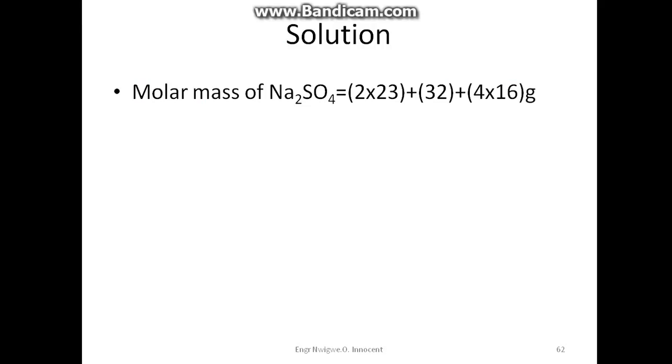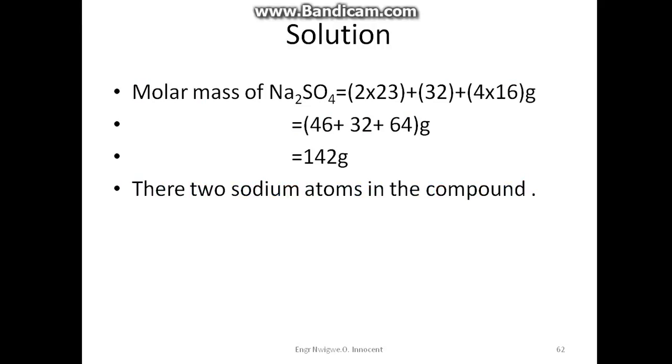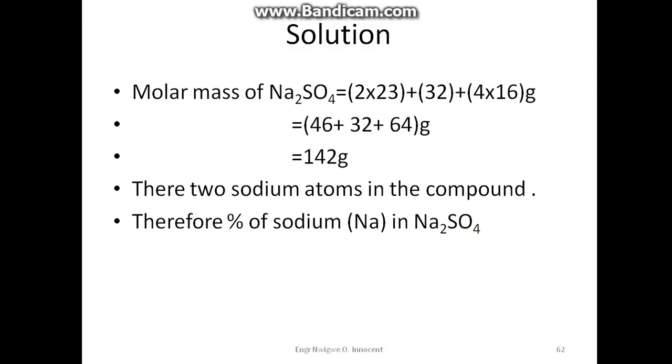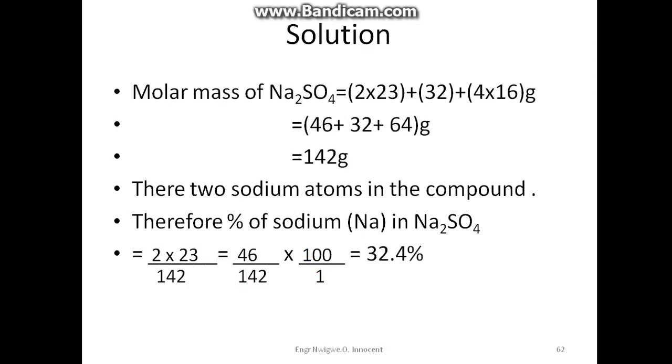Then summing the 46 plus 32 plus 64 will give us 142 grams. There are only 2 atoms of sodium in the compound. Therefore, the percentage of sodium in sodium tetraoxosulfate will give us 2 times 23 all over 142 times 100 over 1, which will give us 32.4%.